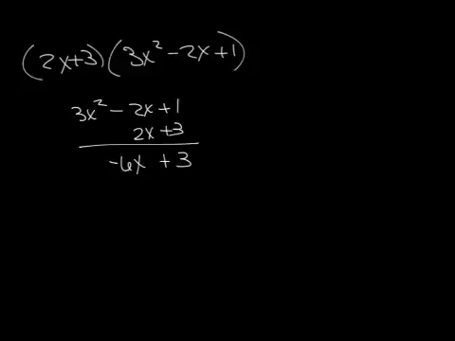Then I multiply those and I get 9x squared. Then I go down to the bottom and I multiply these two. And again I put my plus sign there. Then I multiply those two. Then I multiply those.